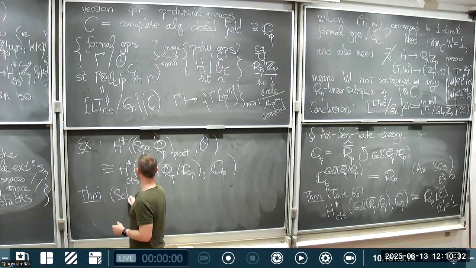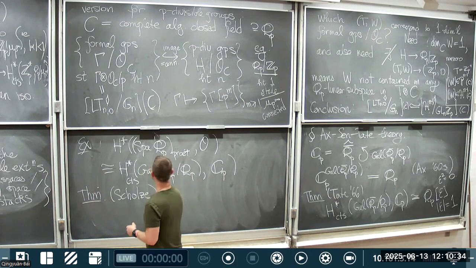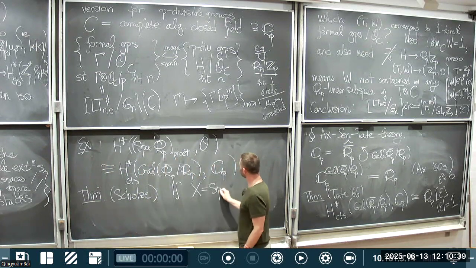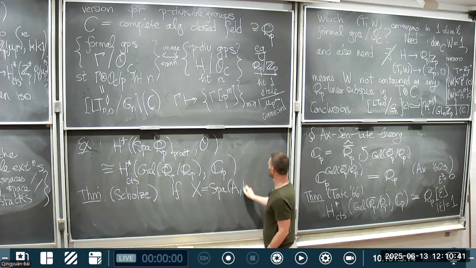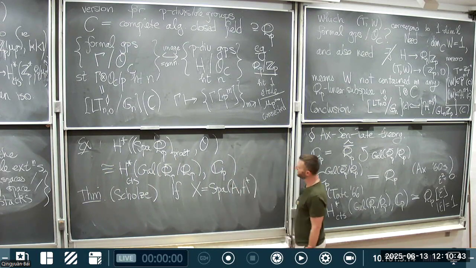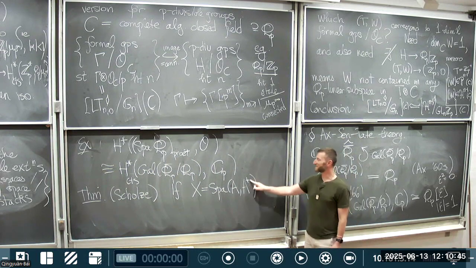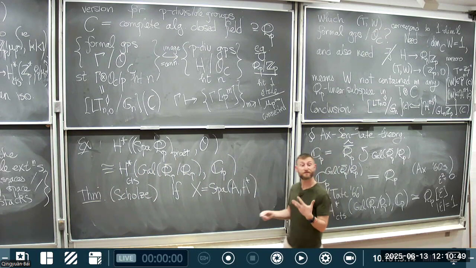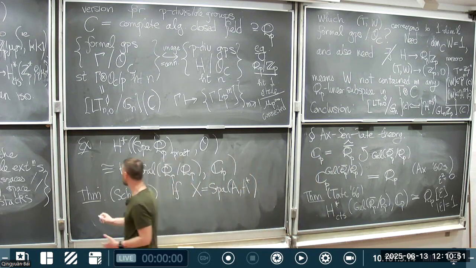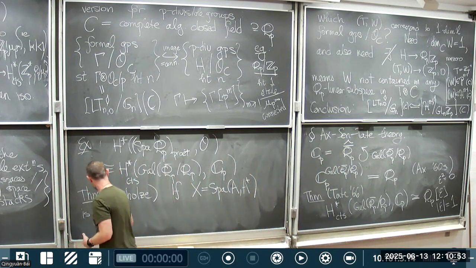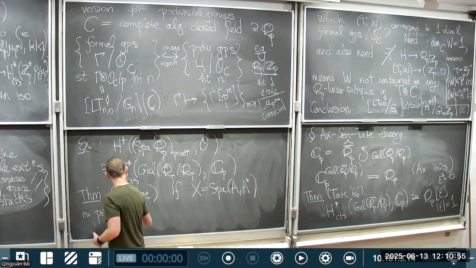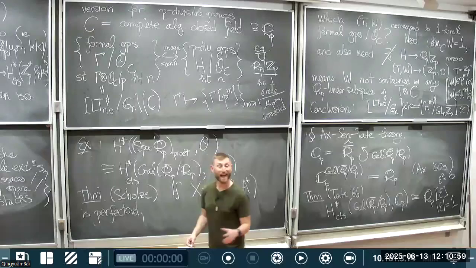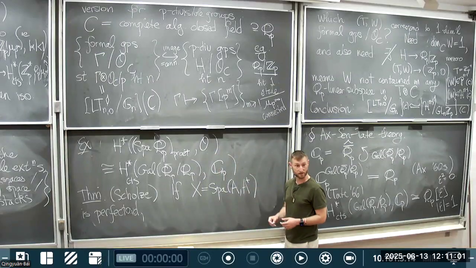One of them is due to Scholze, and it says that if X, I guess I never explained this notation, but you should really ignore it for now, if X is a perfectoid space that's affinoid, then it doesn't have any interesting O_X plus cohomology.